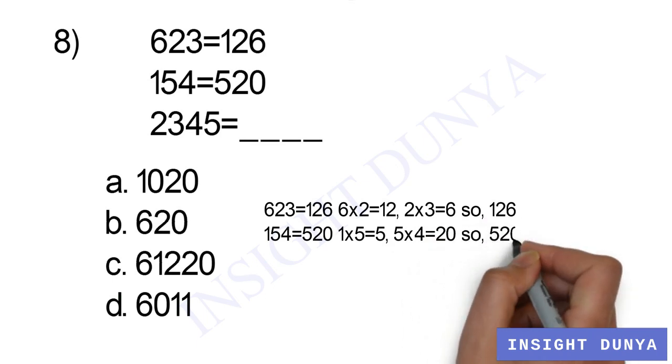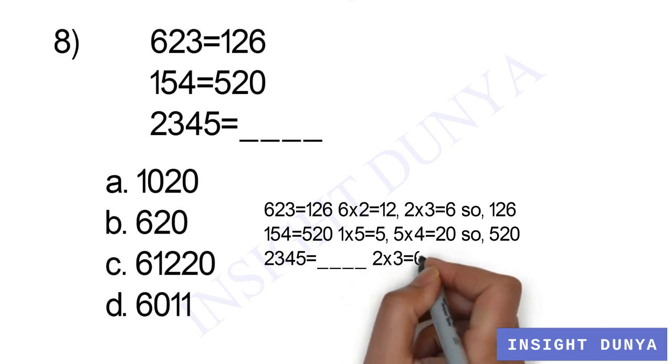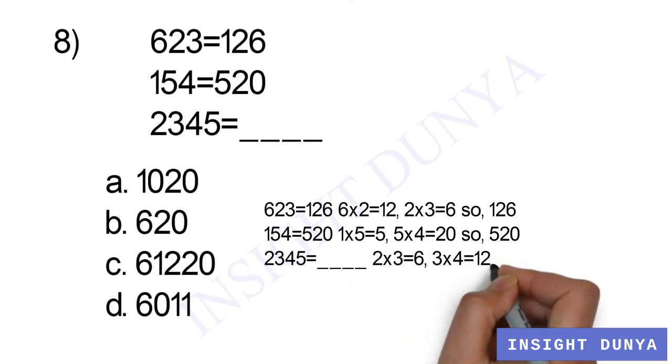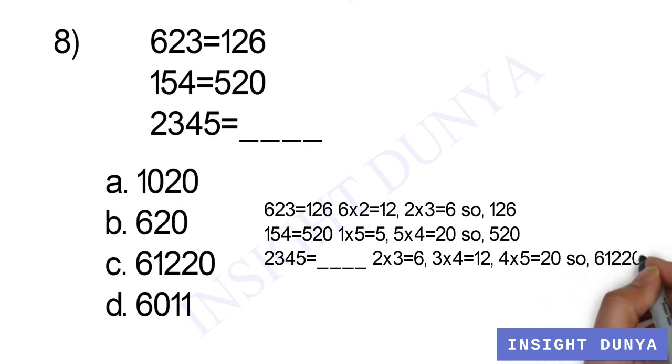In the second pair, which is 154 is equal to 520, 1 multiplied by 5 is equal to 5, and 5 multiplied by 4 is equal to 20. So 154 is equal to 520.